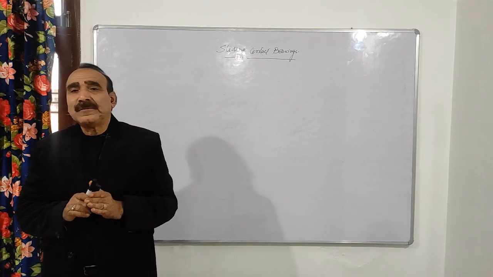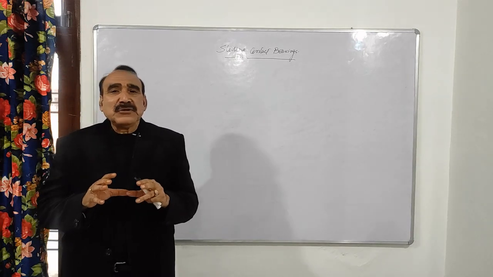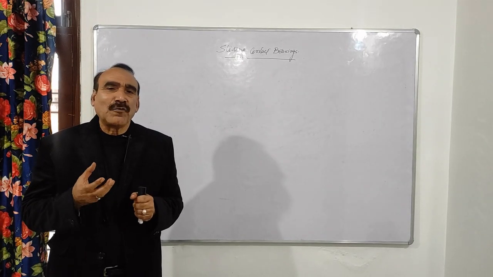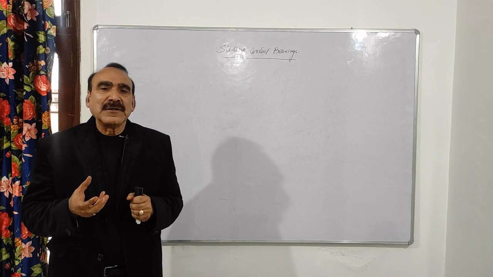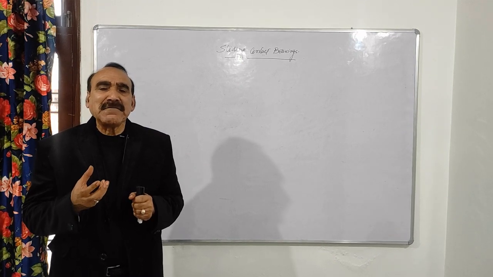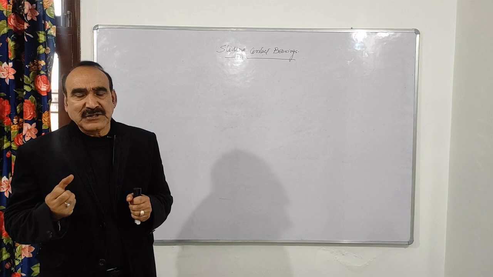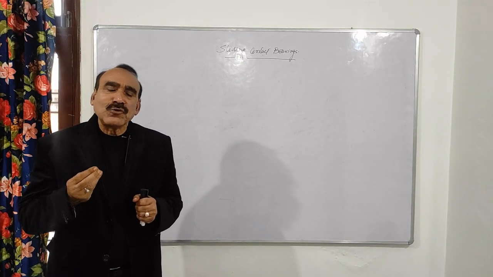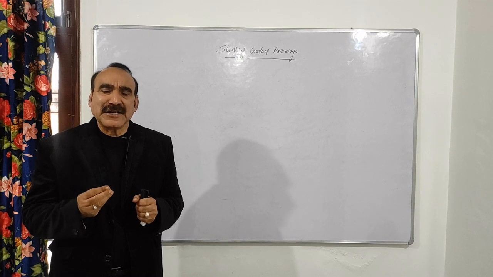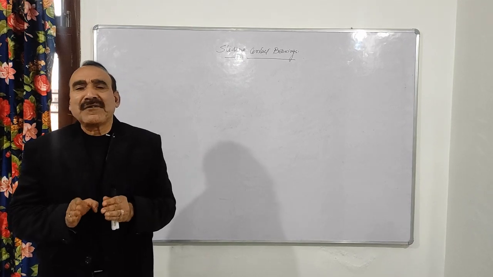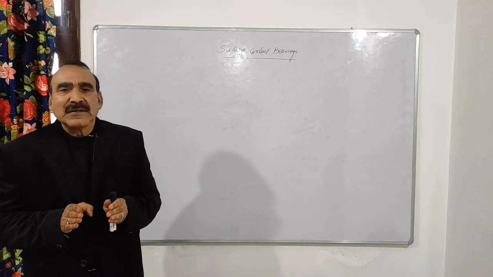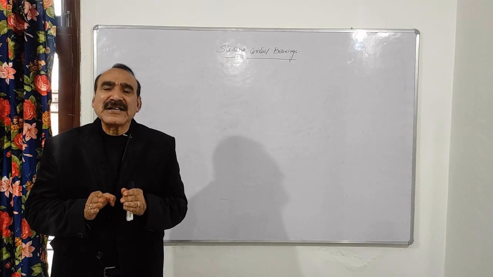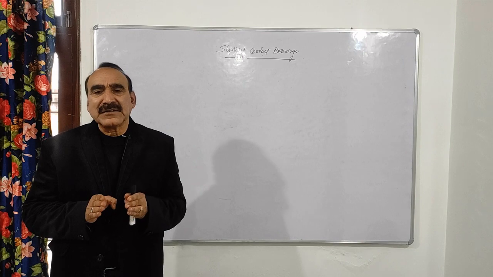So what we will do to overcome these difficulties, to overcome this problem? Lubricant plays a very important role here. So we need the lubrication here, to reduce the wear and tear, the losses due to friction, and the heat generation.